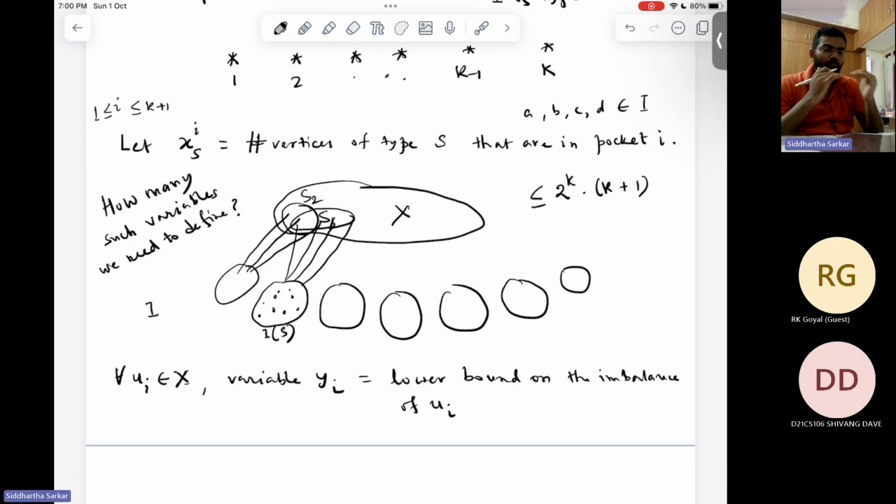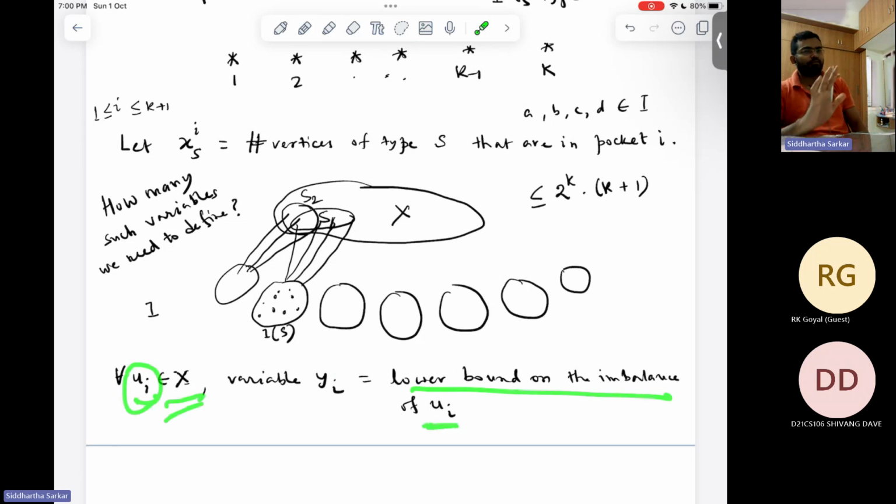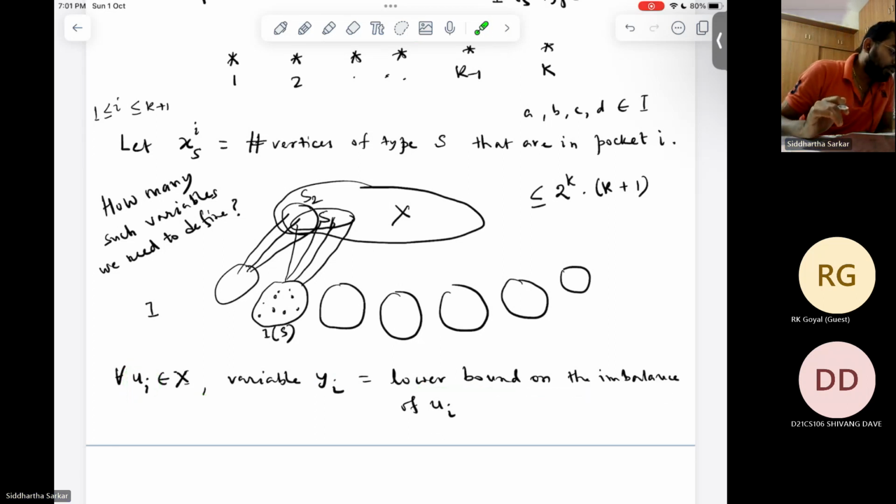We have seen how to compute the imbalances. So we define a variable y_i for a vertex u_i in X, and that is going to be a lower bound on the imbalance of u_i. What else do we need?